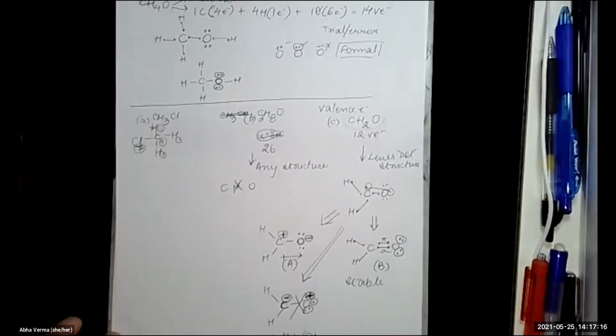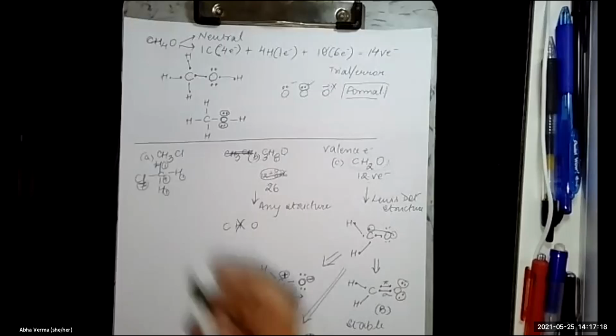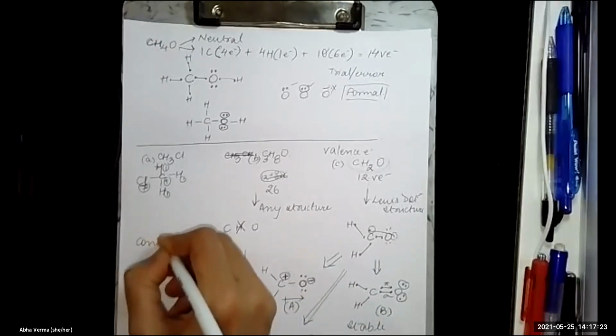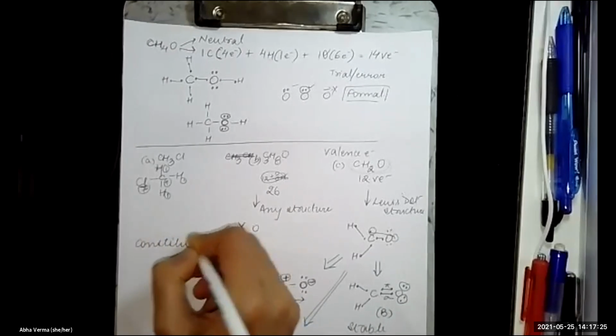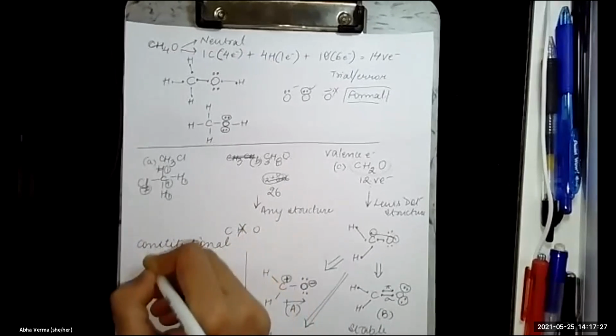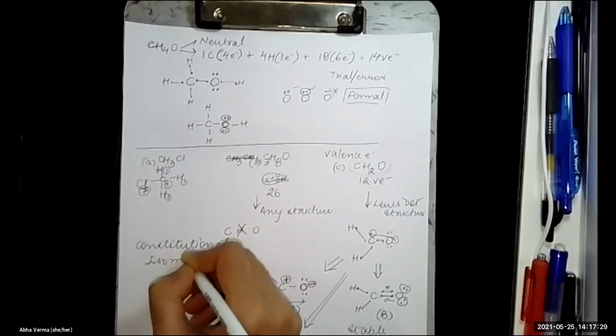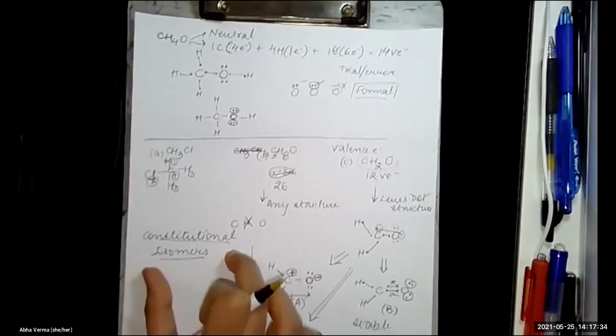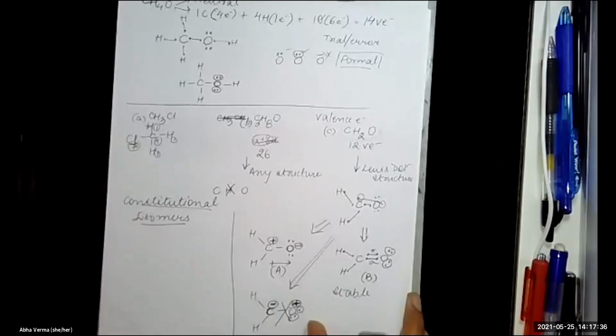Now the next part that I wanted to start today is known as the constitutional isomers. And during this course, we will be doing a lot of other isomers also. These are the most basic ones.